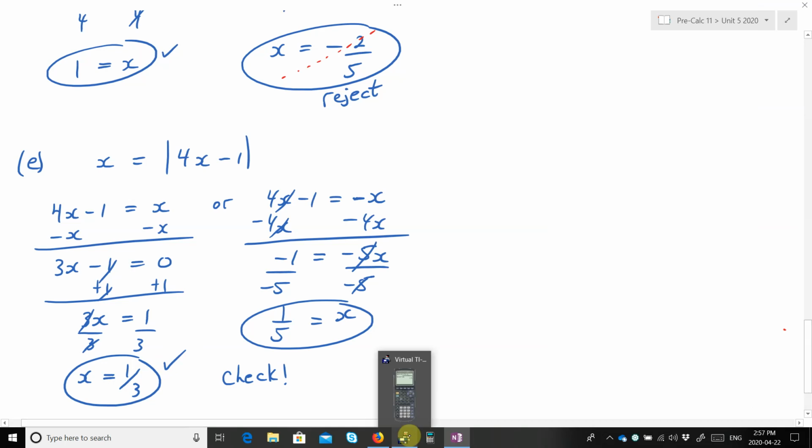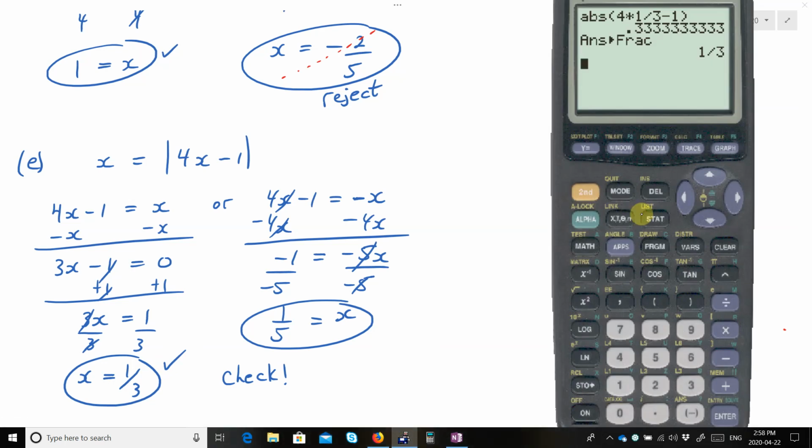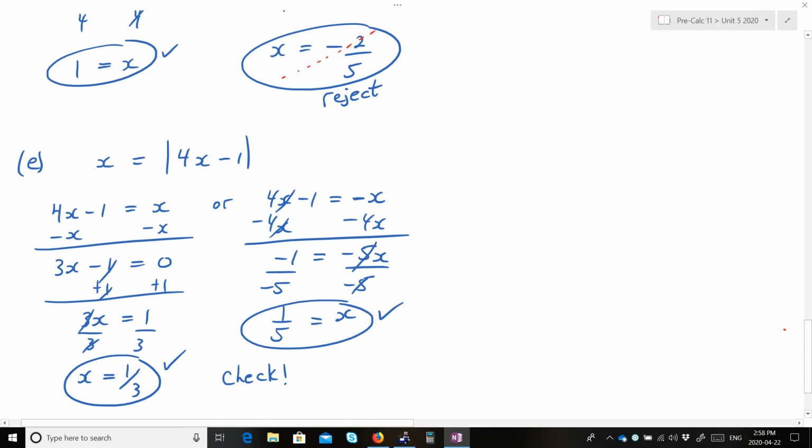So this answer is good. If I were to do the absolute value of 4 times, I'm putting 1/5 in for x, 1 divided by 5, minus 1. The absolute value of that is supposed to equal x, and x is 1/5, so this should work out to 1/5. 0.2 is 1/5. Awesome, so both of those work. And that's how you do 7e.